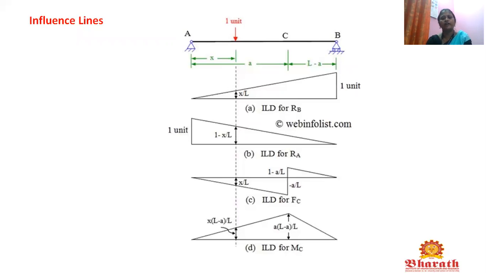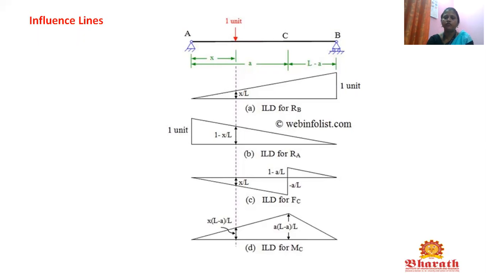Next, coming to point C, the influence line diagram for shear at C, we already know from the previous A and B steps. At A we got x by L, so at unit load we show x by L, and at point C we got 1 minus a by the total distance L. So at point C we are getting positive shear force and negative shear force.